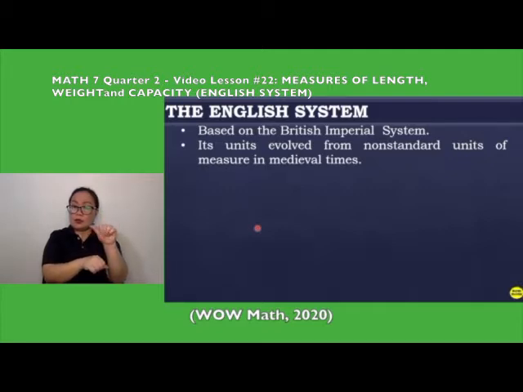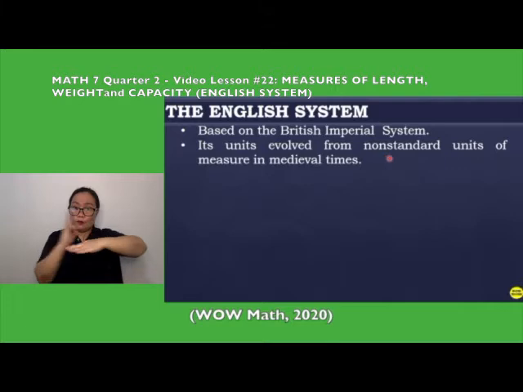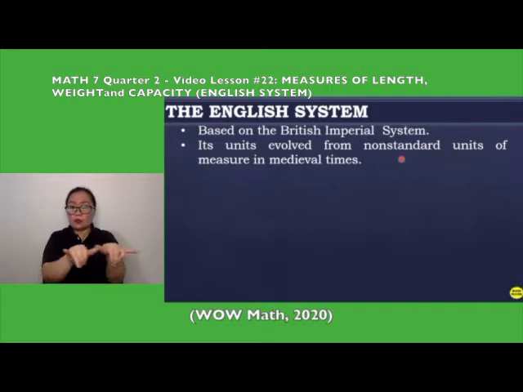Ang mga ginagamit nila noon ay non-standard units. Kaya dito pumasok yung foot, talampakan, yung pace, yung cubit, yung hand. So non-standard. They are using body parts. So the human body serves as their instrument para masukat ang mga bagay sa paligid nila.